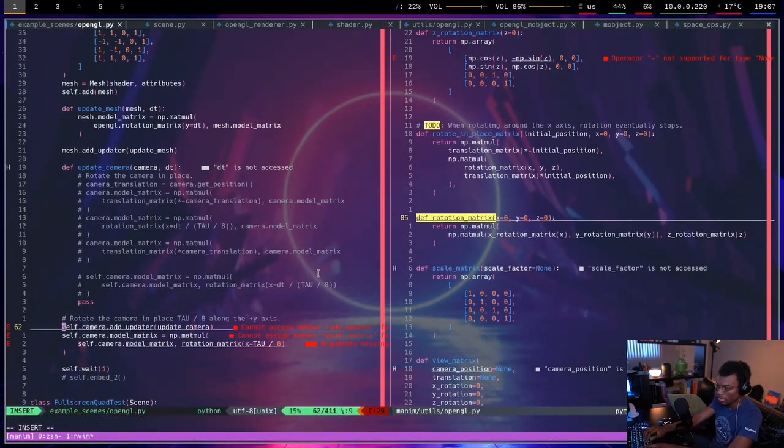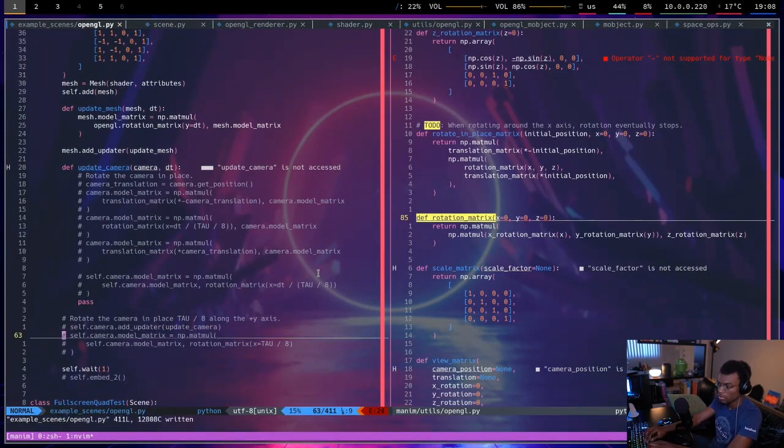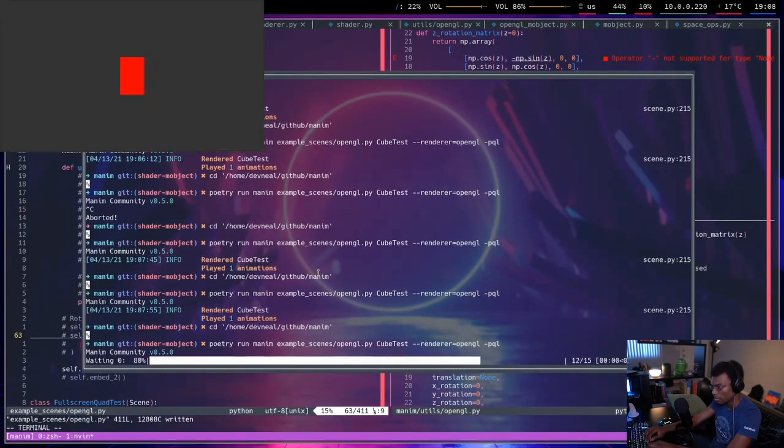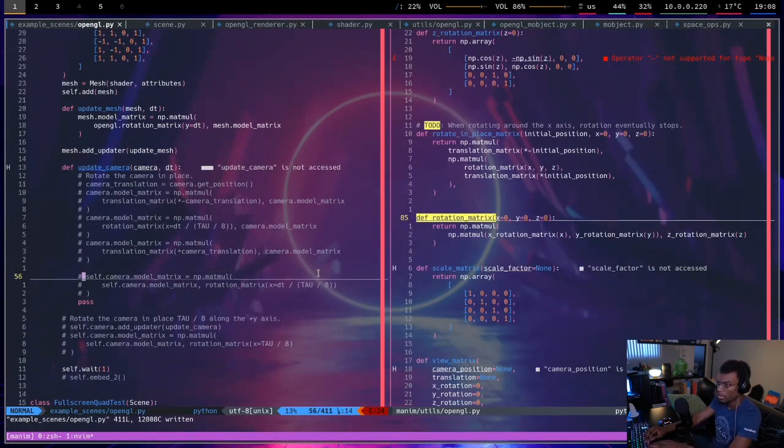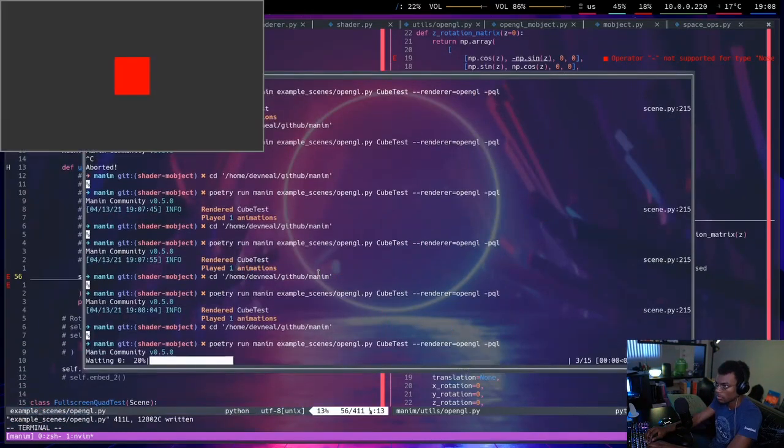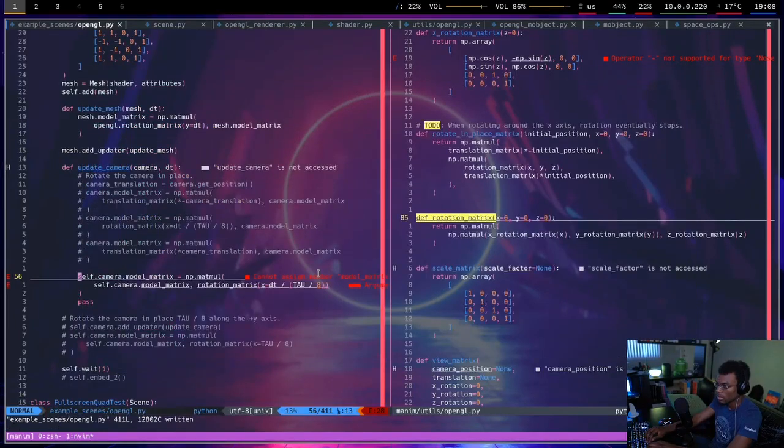I repeat, the square has officially... Oh, that makes sense. Now the square will appear. And now I'm going to slowly rotate the camera. And it is rotating in place, it looks like. But why is that happening if I don't translate it?